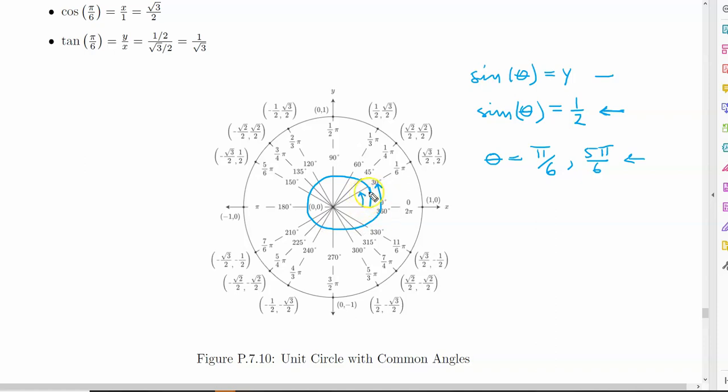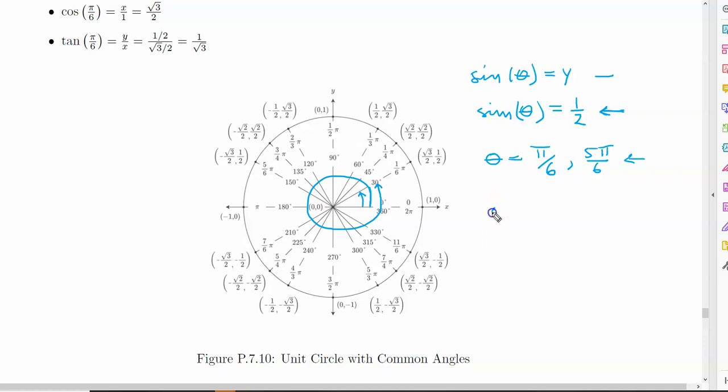So in other words, the angle pi over 6 and the angle pi over 6 plus 2 pi have the same terminal side. And so the sine of those two angles are going to be the same. That's another way of saying that the sine function is periodic of period 2 pi. It repeats every 2 pi units.